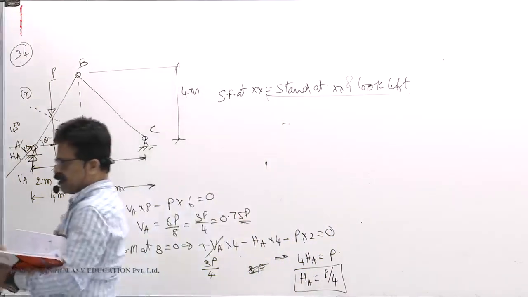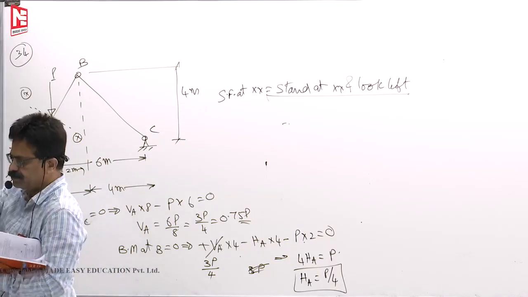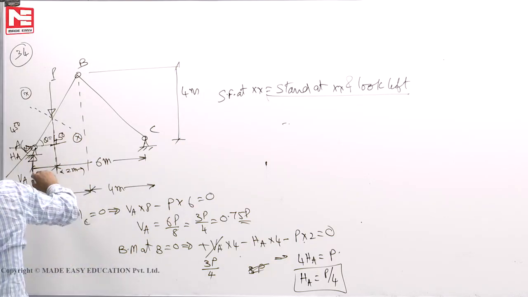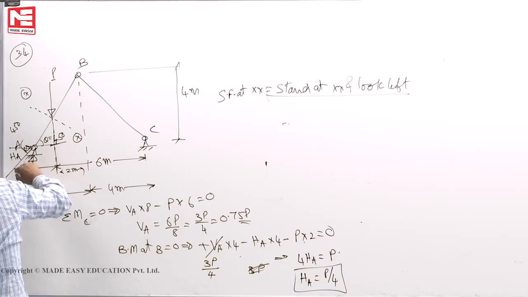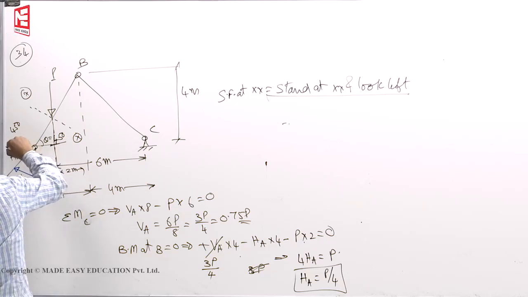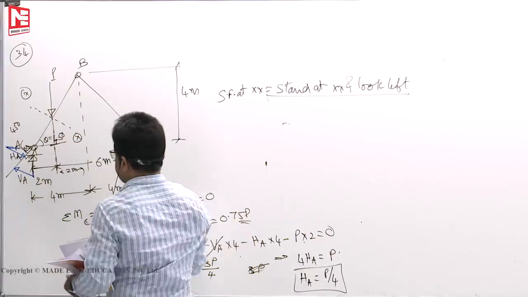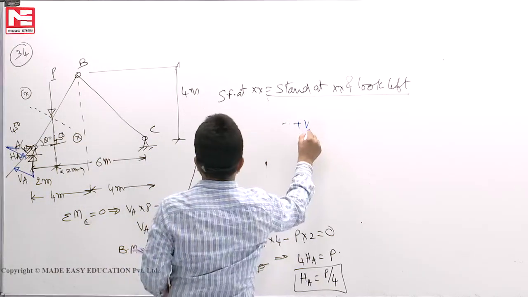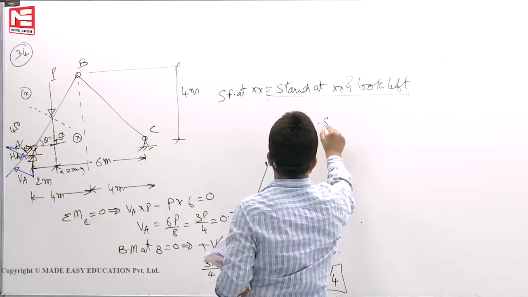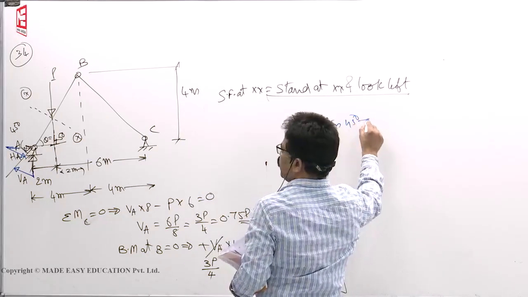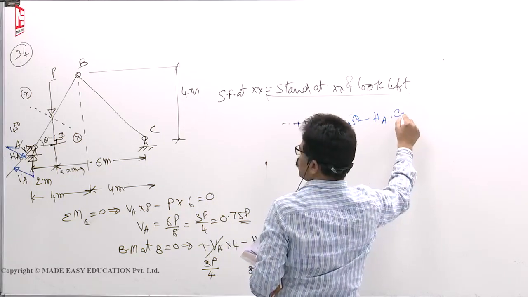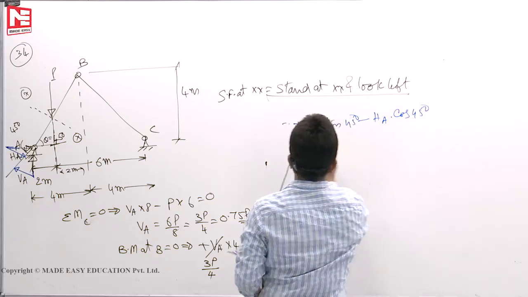So VA component, if I take it, VA is like this, it will act this way. HA component will act down. Section left side upward positive, left side downward negative. So plus VA sin 45 minus HA cos 45, or sin 45, anything is okay.